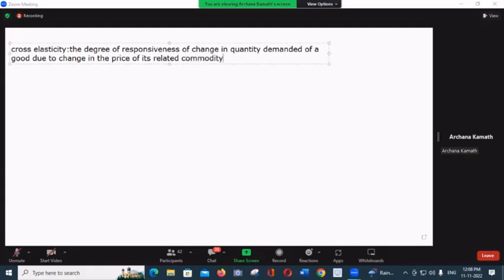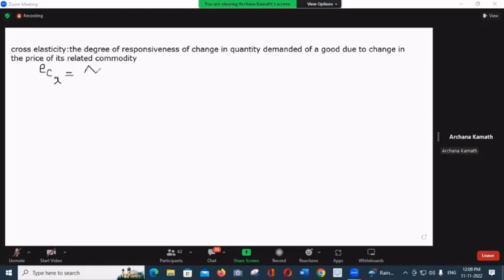Related commodity we had already seen, it can be either substitute or complementary, right? So if you're looking to find the value of cross elasticity of X commodity, then change in the price of Y is to be considered.